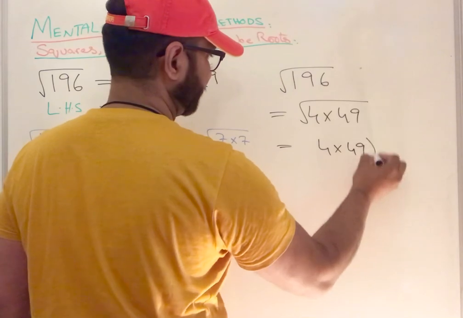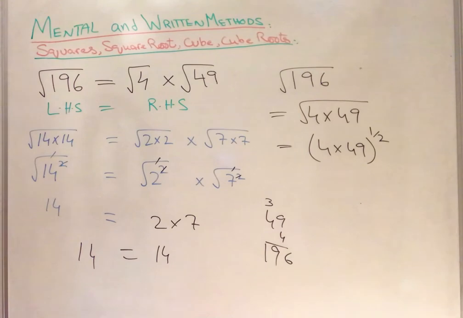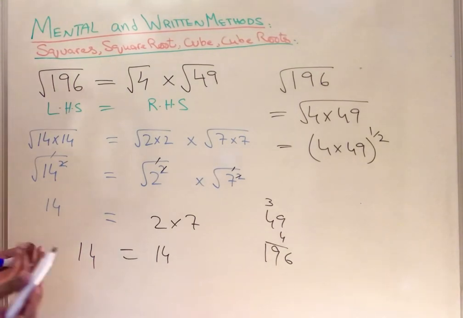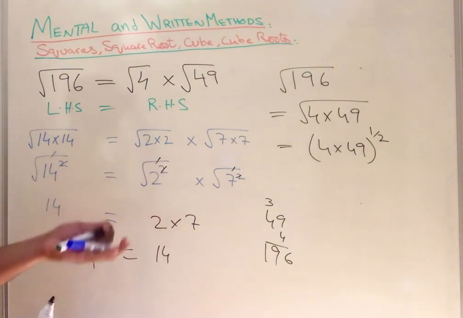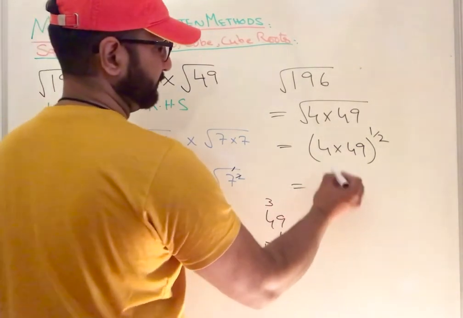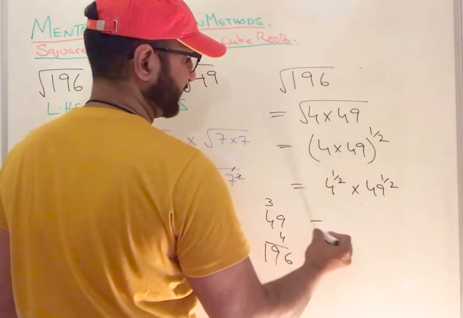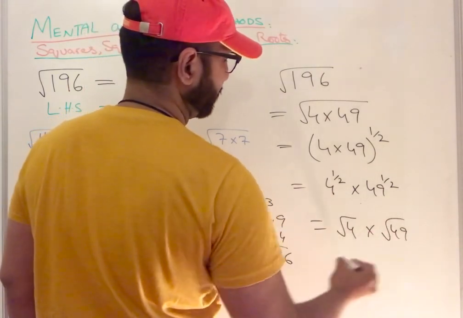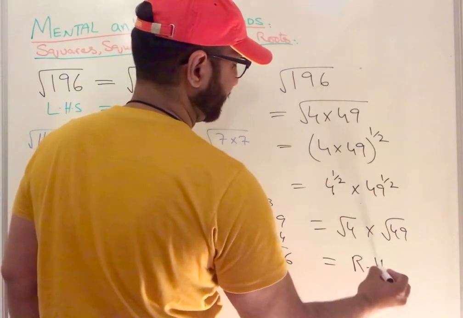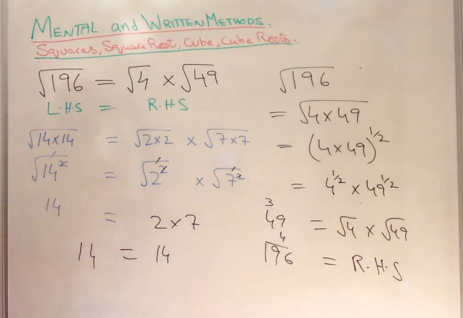You can write it as 1 over 2. If anything has a power, like a square, it means every value inside the bracket will have the same power. So this power applies to this, and this power applies to that one also. So we can say the square root of 4 times the square root of 49 is equal to the right hand side. Either method we use, both are right. So that's how we can work it out.